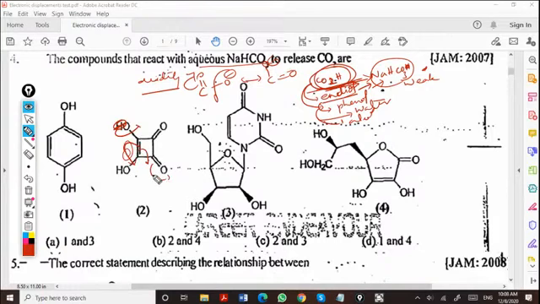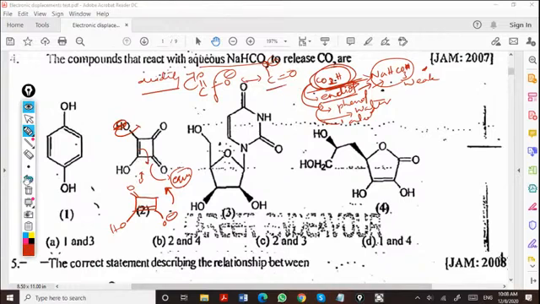This is a specific system which gives a particular equivalent conjugation. If I write the conjugated product structure, this got the negative and this got the double bond, and exactly similar on the other side. This is again called equivalent resonance, which is equally acidic as the carboxylic acid.